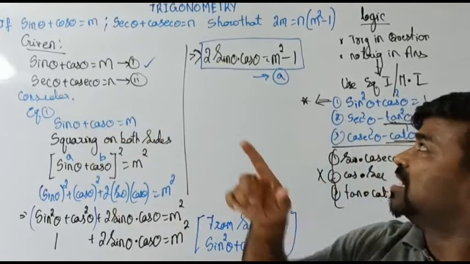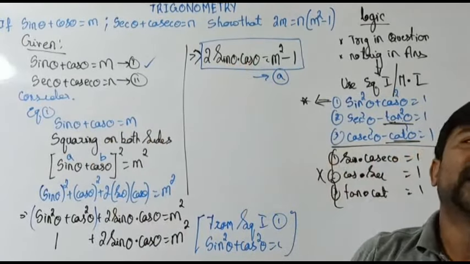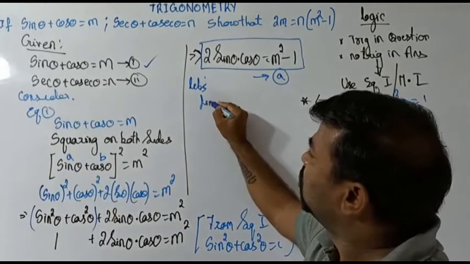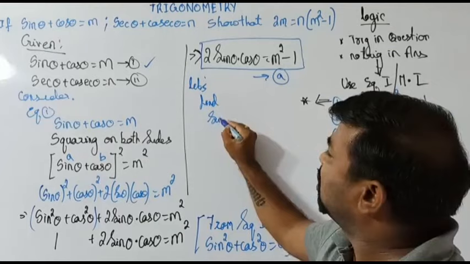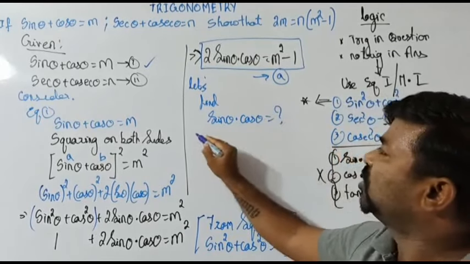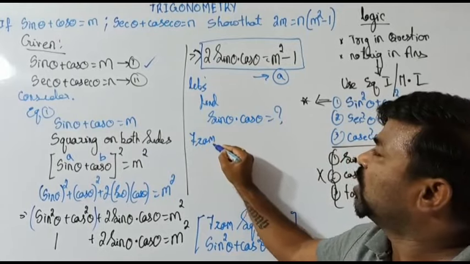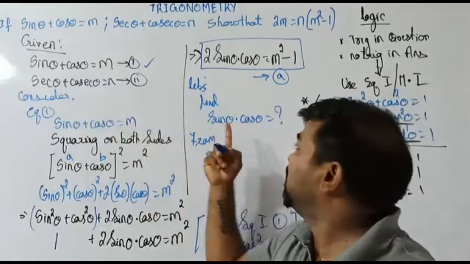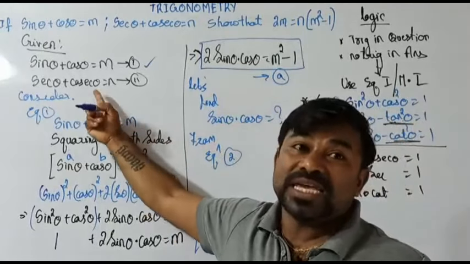Let us find the value of sin theta into cos theta from equation 2.